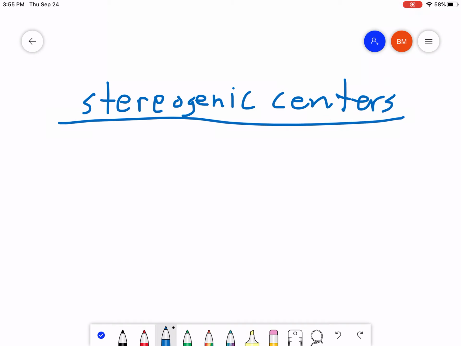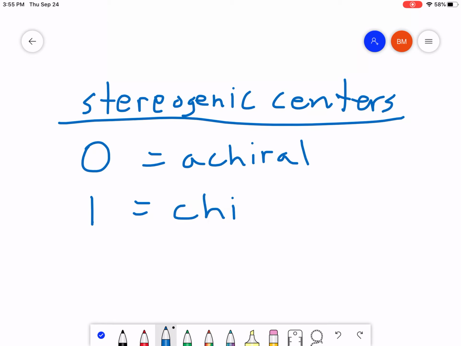All right? If a molecule has 0 stereogenic centers, it is always, and I mean always, going to be achiral. Got to have a stereogenic center to be chiral. If you have 1, then it is always going to be chiral. Nice and easy, right?